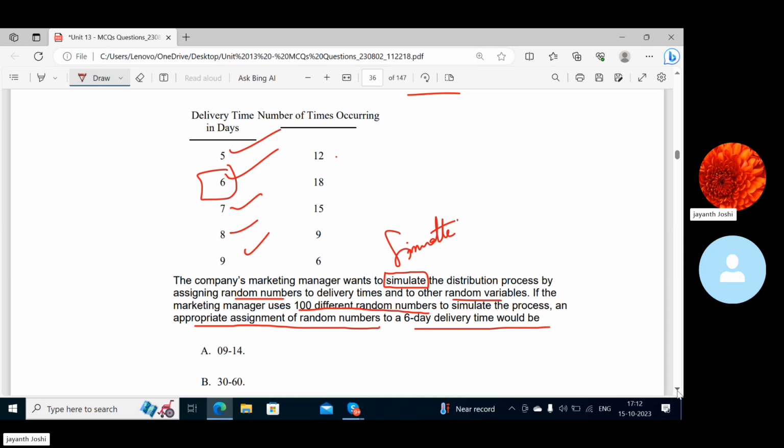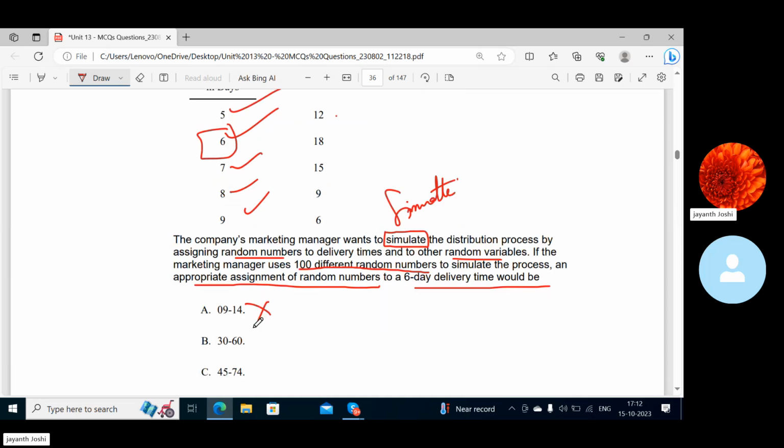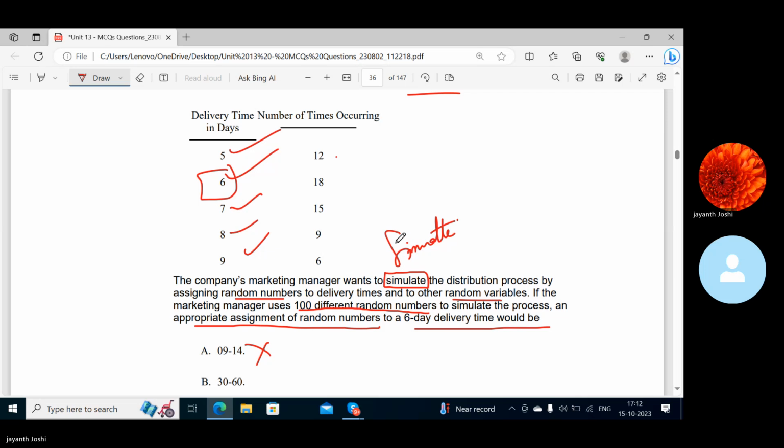18 is not lying between these. No. Between 9 and 14, we have to see how many numbers are lying in them.